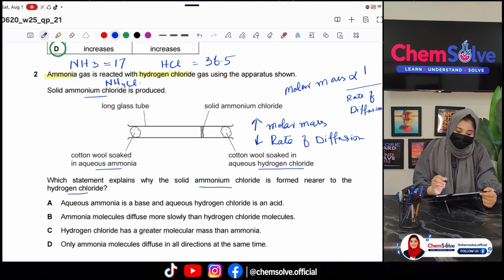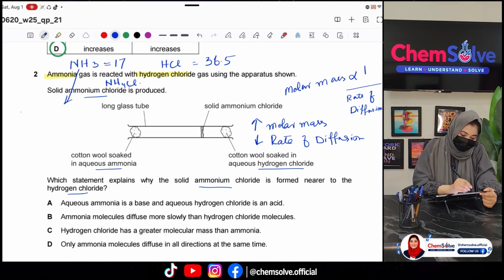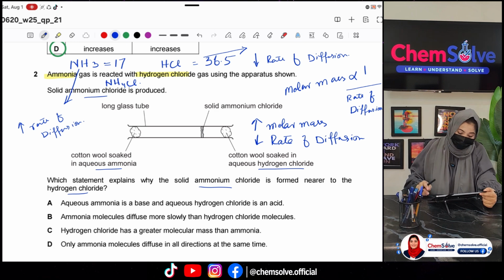So the molar mass of ammonia is less, so it would have a greater rate of diffusion. And HCl has the higher molar mass, so it would have a lower rate of diffusion. Now keeping this in our mind, let's look at the options.